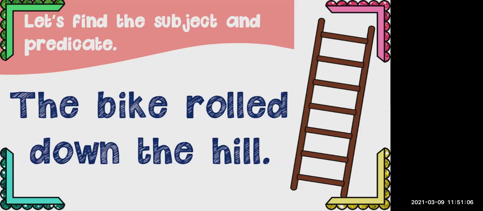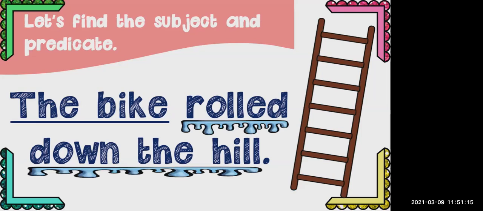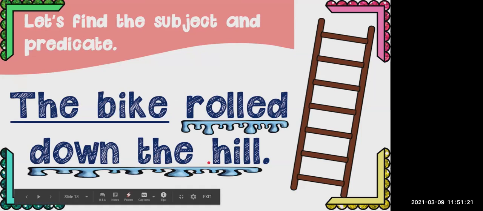So what is that sentence about? It's about the bike. And what did the bike do? Rolled down the hill. So the subject is the bike, and the predicate is rolled down the hill. Did you get that right? If so, you get to step up to the first ring on the ladder.